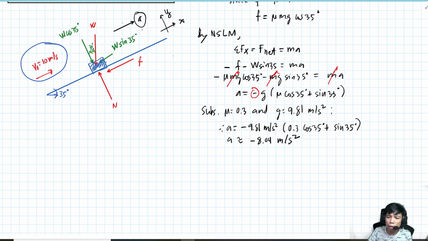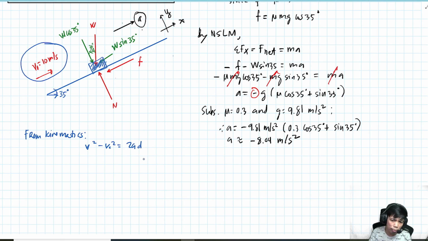Now, think of an equation that involves the final and initial velocities, acceleration, and distance or displacement. So, from kinematics, meron tayong equation na ganito: yung final velocity squared minus initial velocity squared equal to 2ad.